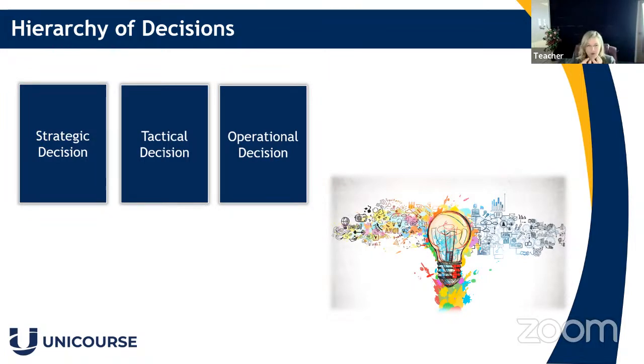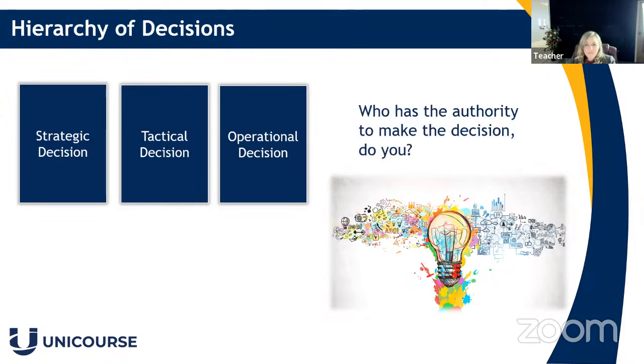Trying to find that one that's around about the right size for your role and your responsibilities is key. So again, who has the authority to make the decision? Ask yourself that. Do I have the authority to make this decision? And it's fine if you don't, if maybe you just need a little okay before you do finalize that decision. But if you can't actually action the decision that's being made, then it's probably best to look at something else.